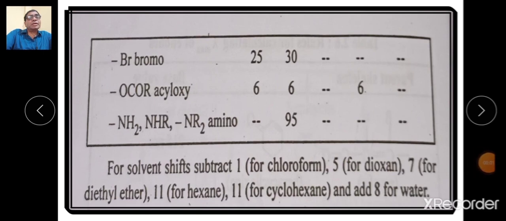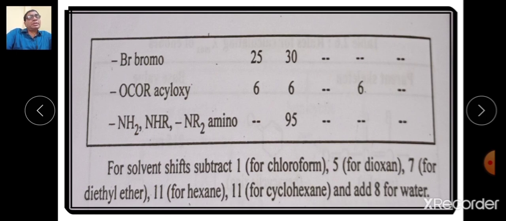Now these are the rules given by Woodward and Fieser for the calculation of lambda max value in dienes and enones.